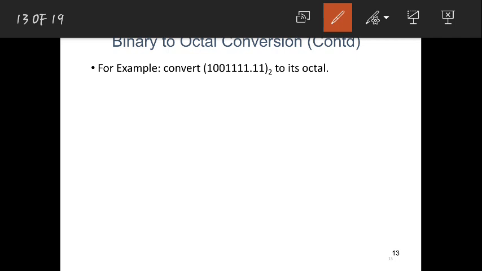See, before the point I have 1 1 1 1, I have 4 ones, then I have 0 0 1. After the point I have 1 and 1. First we'll do the integer part. See, these 3 ones I have taken. Then after the 3 ones I have 1 0 0. Next I am left with only 1 bit.